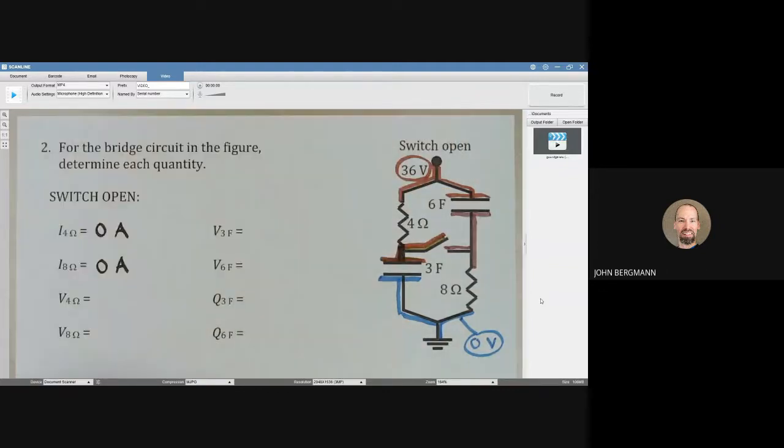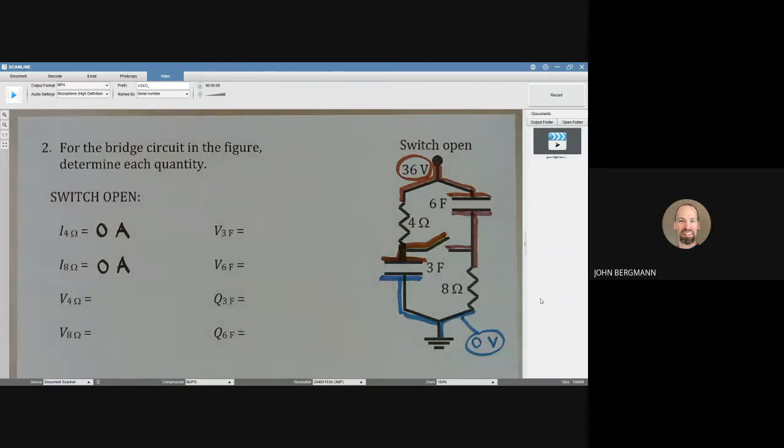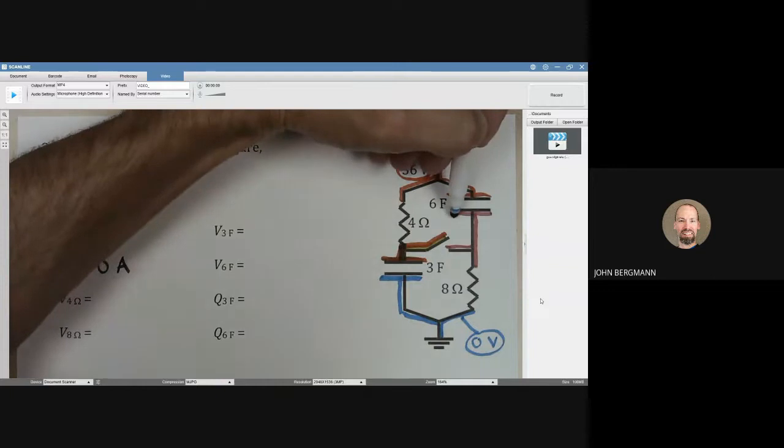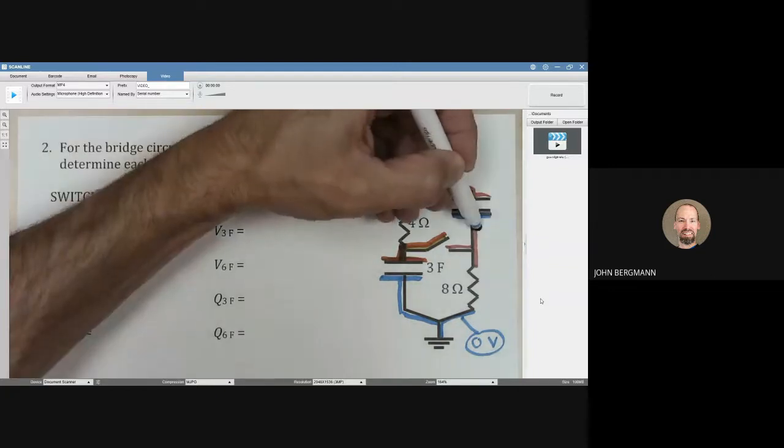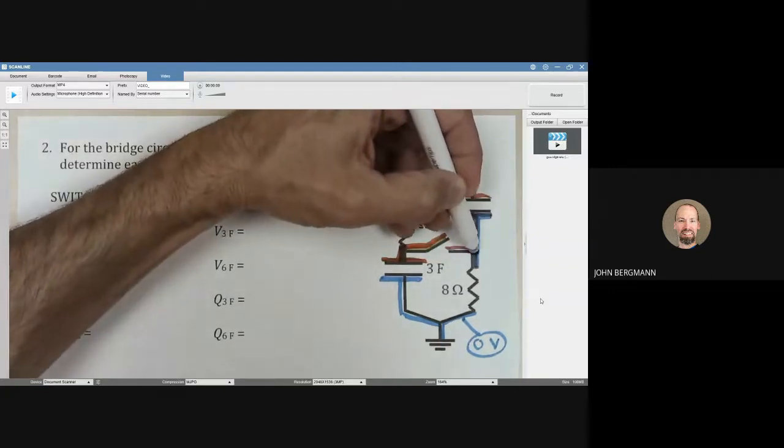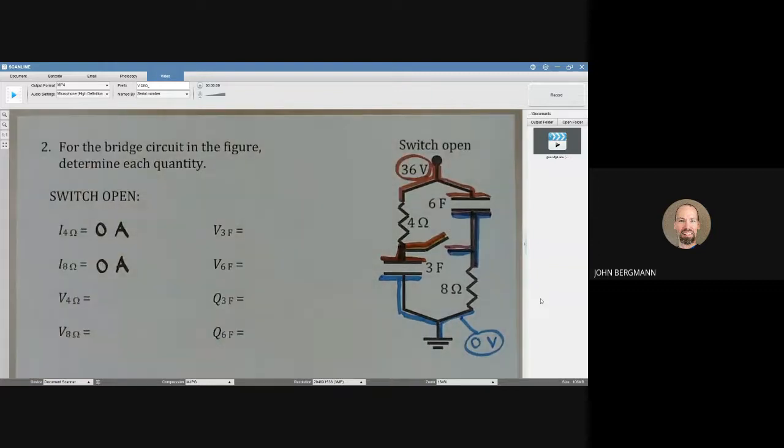This whole thing becomes 36 volts. And the same sort of thing happens down here. When no current can flow, in pretty short order, even the electrical pressure of this region is going to be 0. When this switch is open, there is not a whole lot going on in terms of flow of charge.